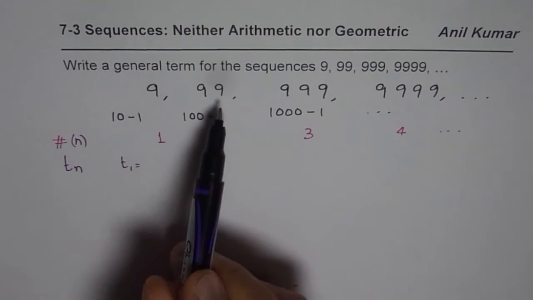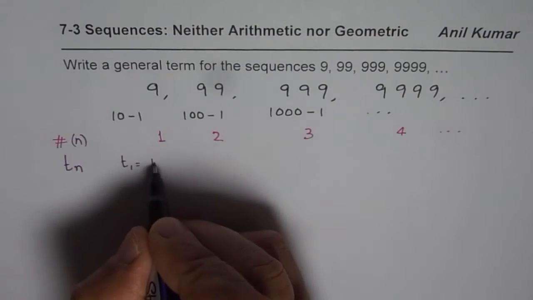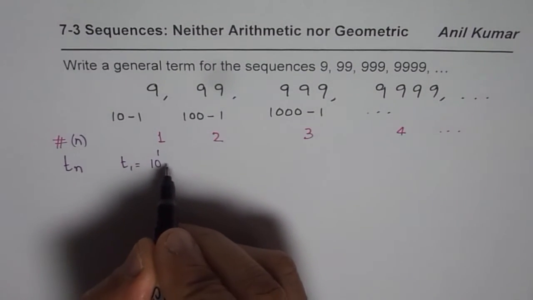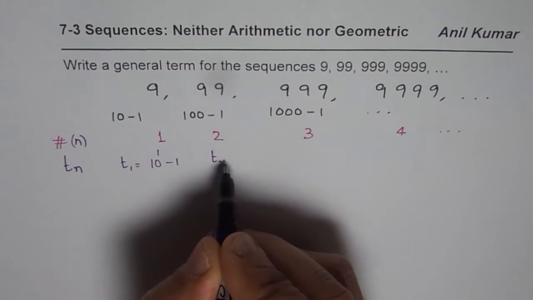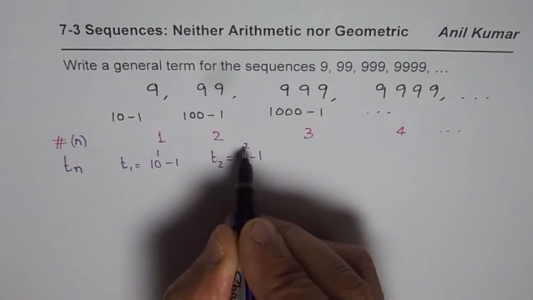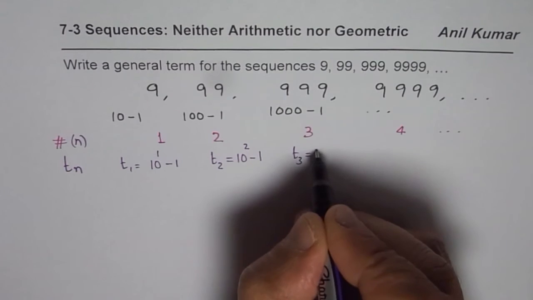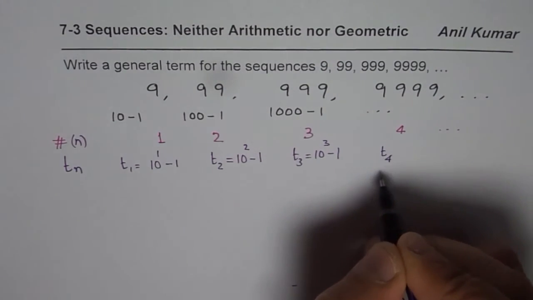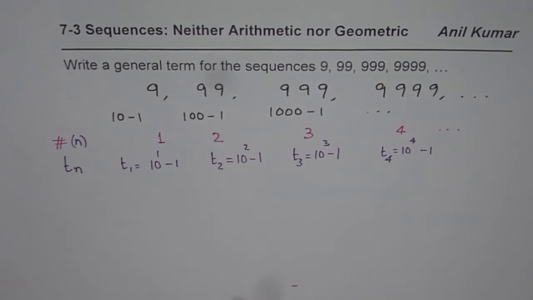And from this relation we just developed, we could write T1 as, in relation to 1, what is 10? 10 to the power of 1 is 10, right? Minus 1. Do you see? For 2, we could write T2 as equal to 10 to the power of 2 minus 1. 10 to the power of 2 is 100. T3, third term, is 10 to the power of 3 minus 1. Fourth term will be 10 to the power of 4, and then take away 1.